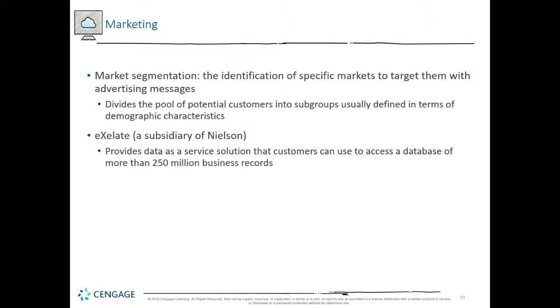Marketing. Market segmentation is the identification of a specific market to target with an advertising message. It divides the pool of potential customers into subgroups, usually defined in terms of demographic characteristics. Experian Simmons, a subsidiary of Nielsen, provides data and service solutions that customers use to access databases of more than 250 business records.